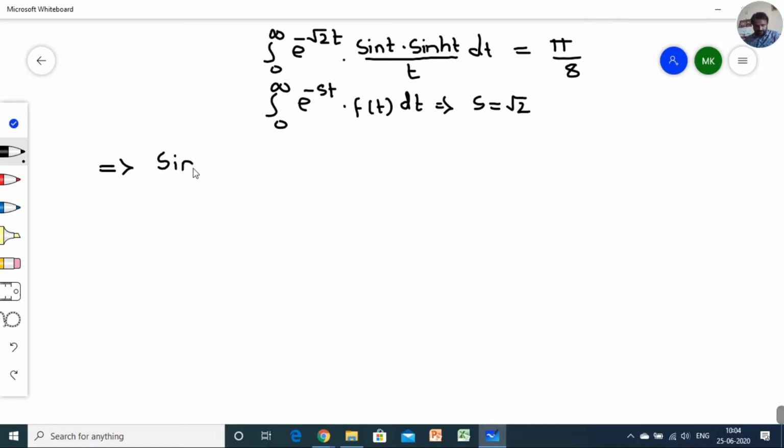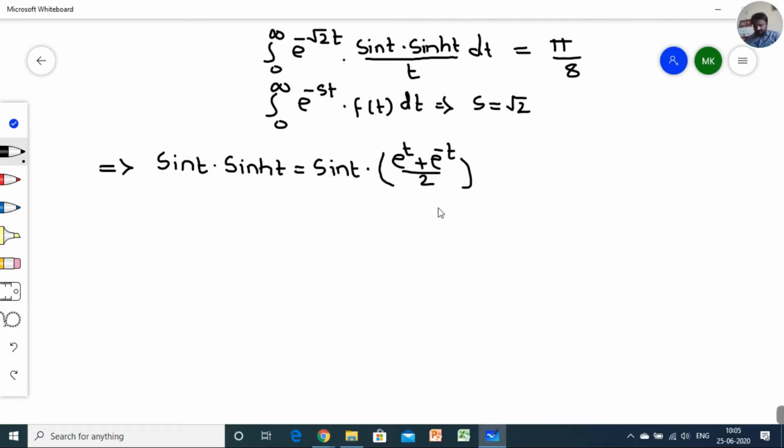sine of t into sine hyperbolic of t, which is equal to sine of t into e raised to t minus e raised to minus t divided by 2.